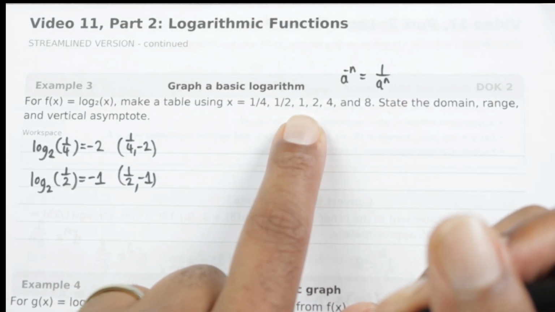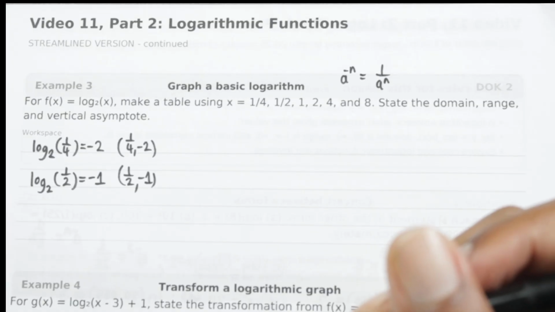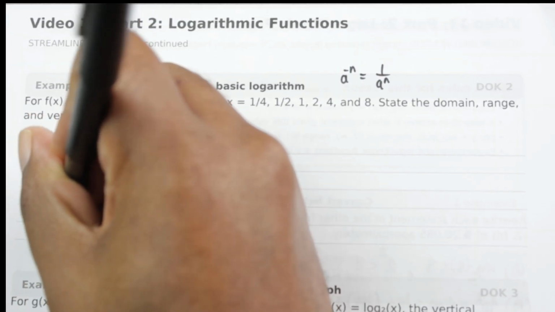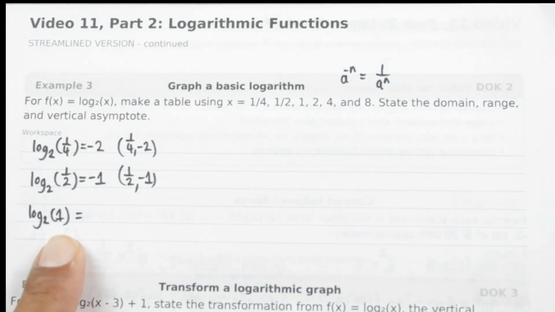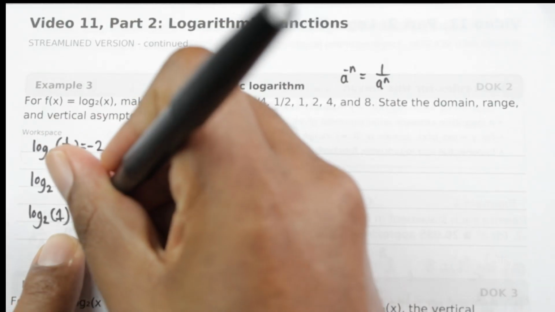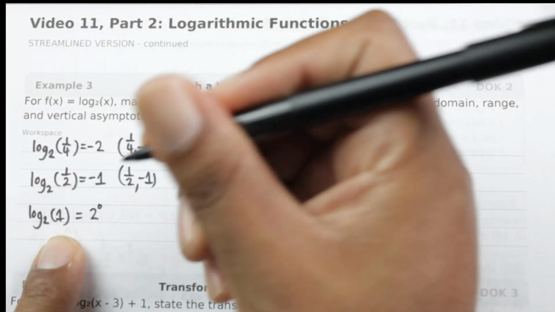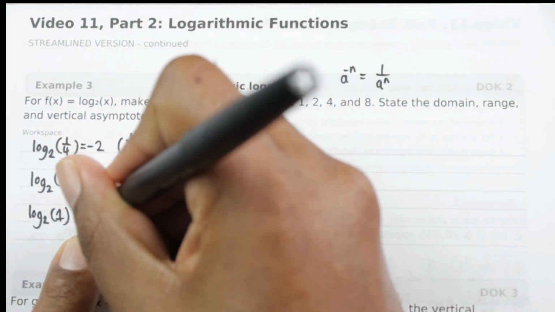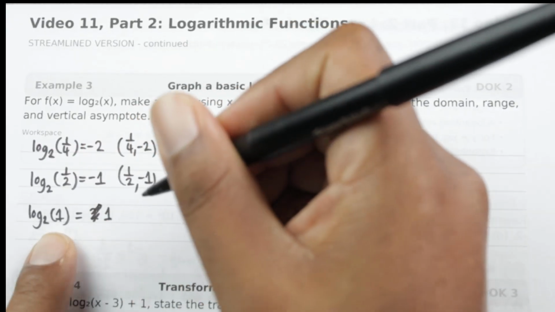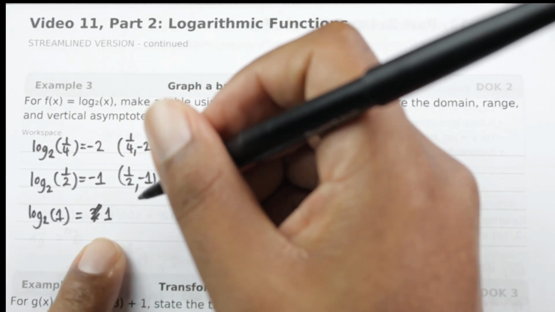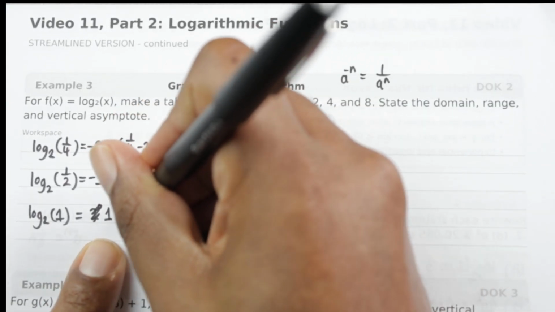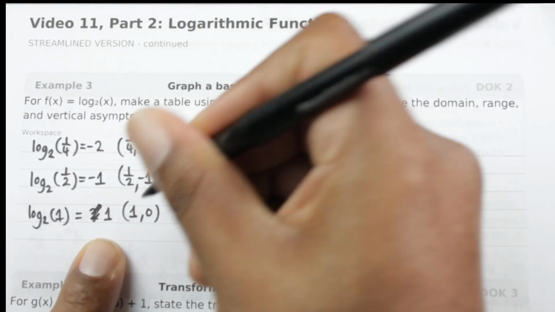Then we have 1, so that's log base 2 of 1. 2 raised to what power is going to give me 1? We looked at that. That's 2 to the power of 0, because 2 to the power of 0 is actually 1. So that would be 1, 0.